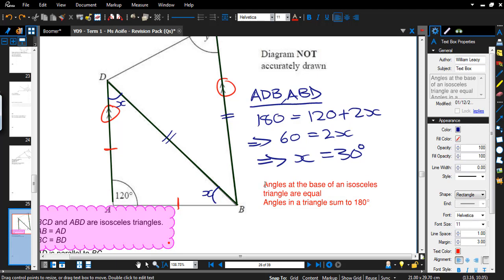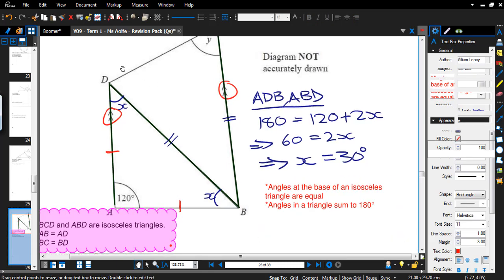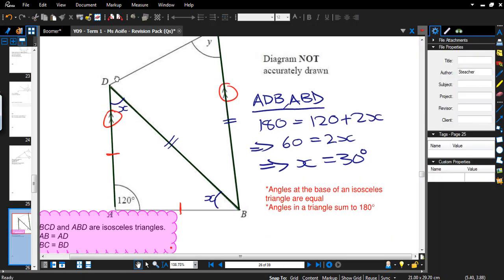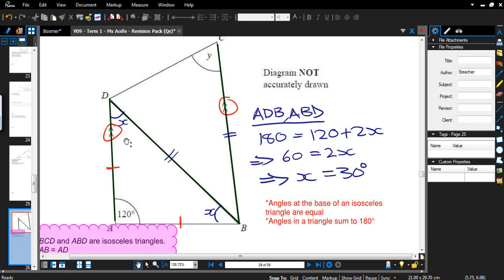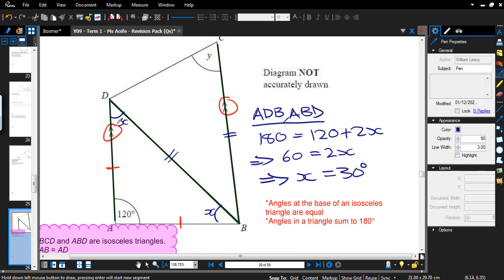So there are two reasons. So that's reason 1, and this is reason 2. Now, what else do we need to get? Well, we have our Z shape, so we know that this angle here and this angle here is the same, because they are here and here, they're corresponding angles, right? Or alternate angles.